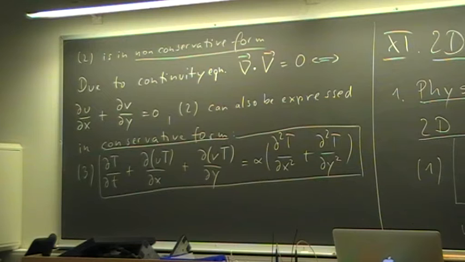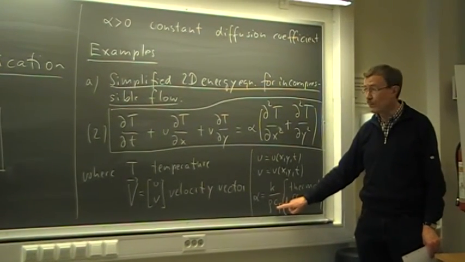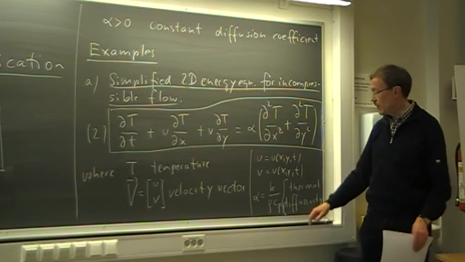Just a remark on why this is the simplified form. We have made here 2 assumptions. One is that we assume that the specific heat at constant pressure is equal to the specific heat at constant volume. Cp is equal to Cv. Because Cv would appear naturally here.